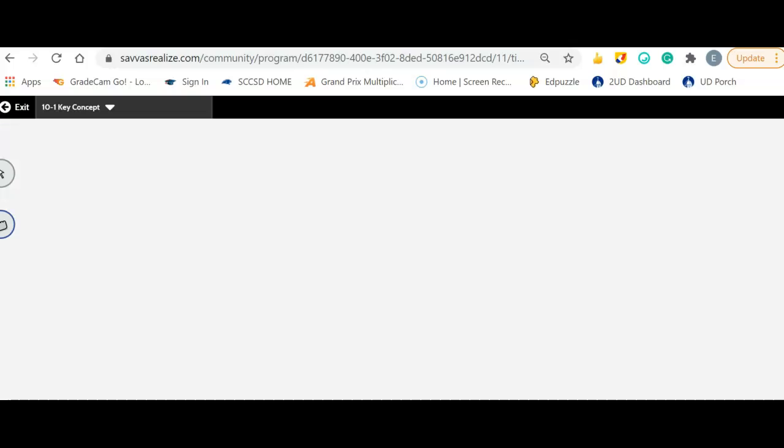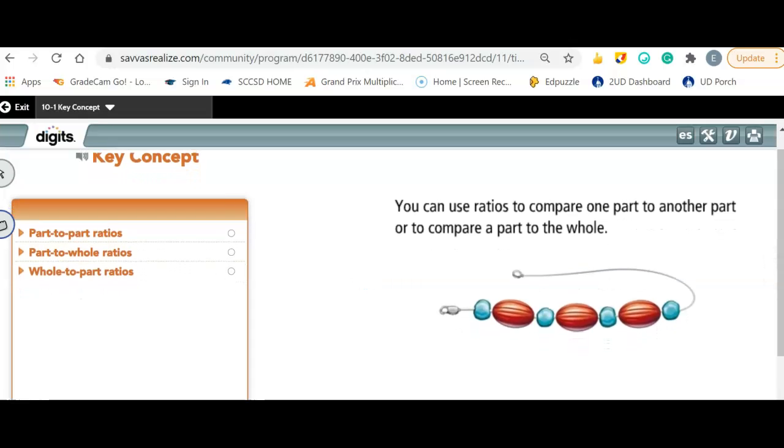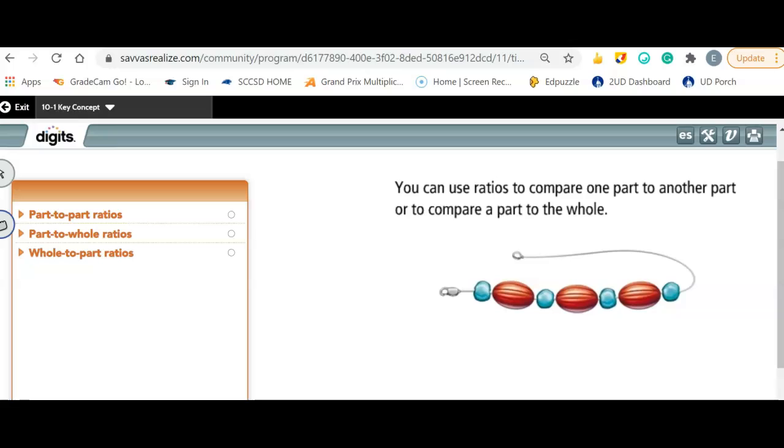Key concept. Somewhere on your guided notes, maybe above the whole to parts. Does everyone see that? Empty space? Right here, whole to part. Up here, I want you to draw this bracelet or necklace.